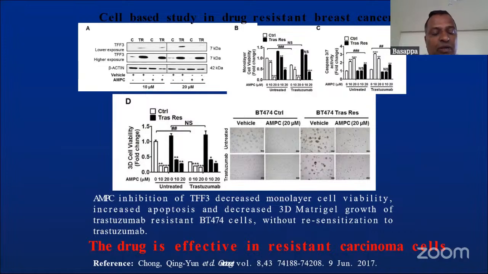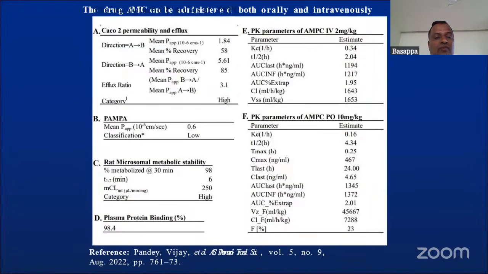That means the drug is effective in resistant carcinoma cells, which we reported in 2017. Of course, this work was purely conducted at Professor Peter's lab from the Shenzhen Tsinghua Berkeley Research Institute.